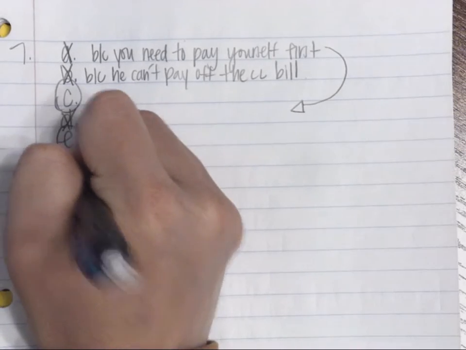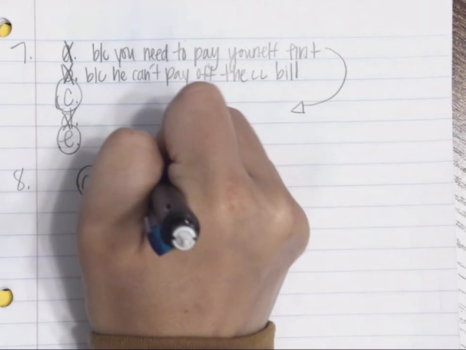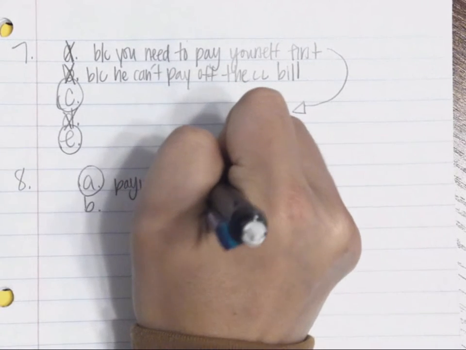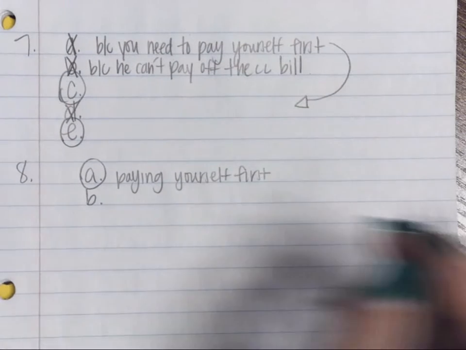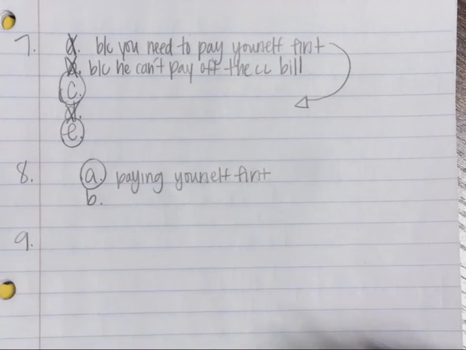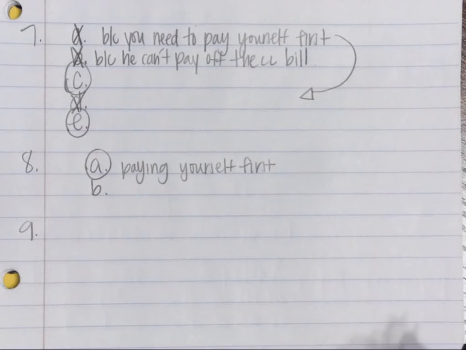Our best decision here would be A. And why? Because you are paying yourself first. If you wait until the end of the month, you're probably going to spend most of the money and not have enough to save.